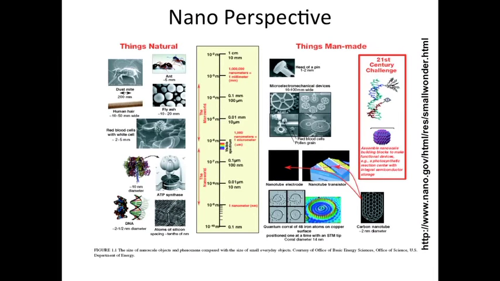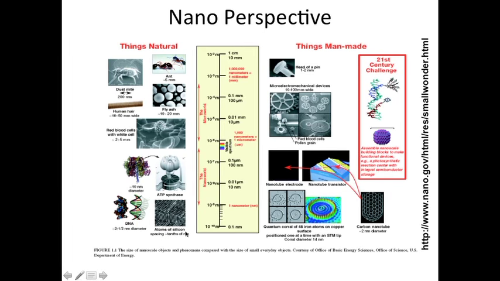A couple of other things are present in a natural environment, and there are also certain things which we have made on a micron scale with the technology. What is this? Can you read it?